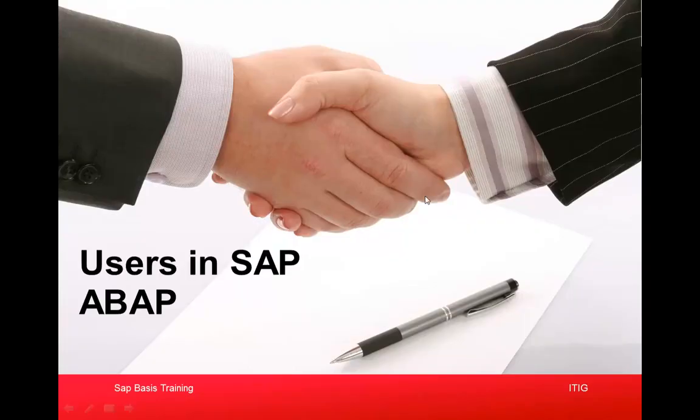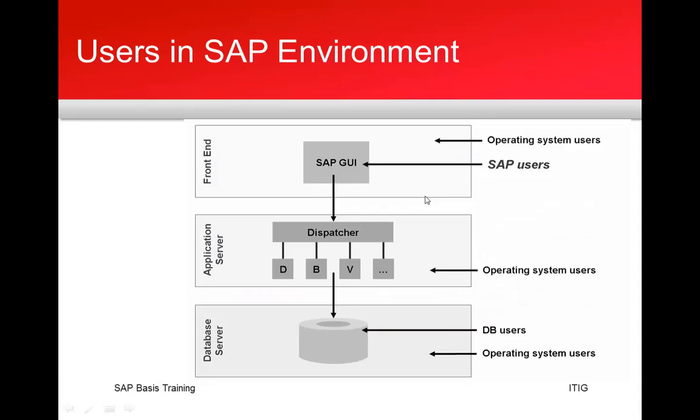Basically here you can see the three layers in which user creation happens in the SAP environment. You can see the front end layer, which is SAP GUI. They are basically the SAP users, and we have the operating system users. Then from SAP GUI you are connecting to the dispatcher, where you have work processes.